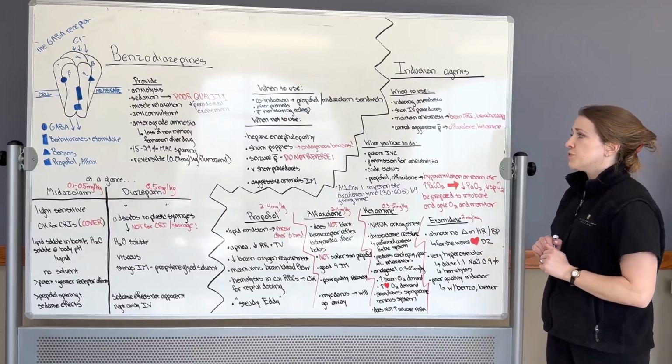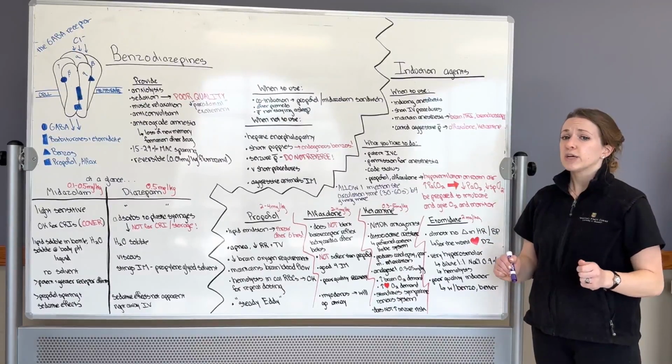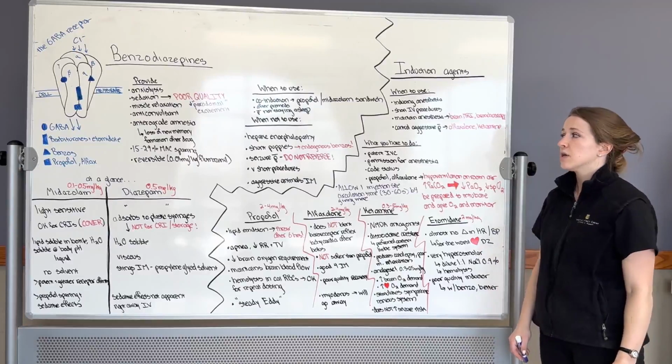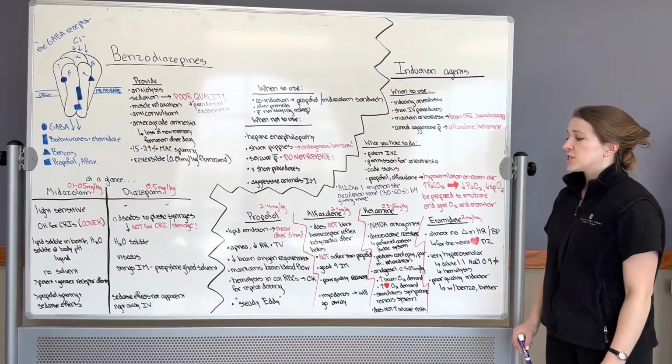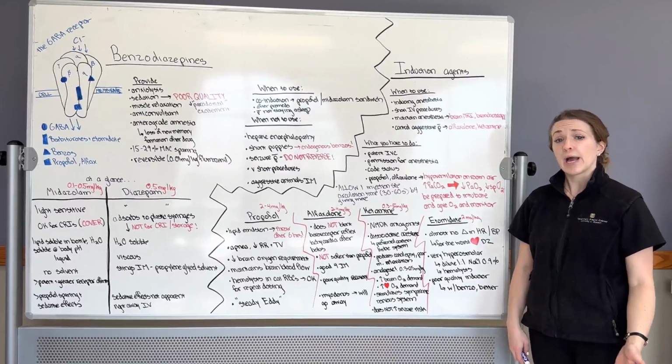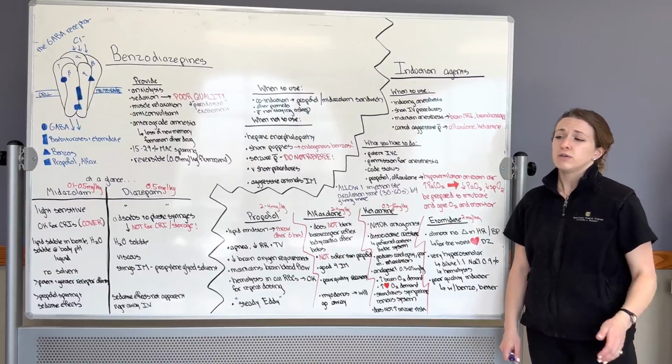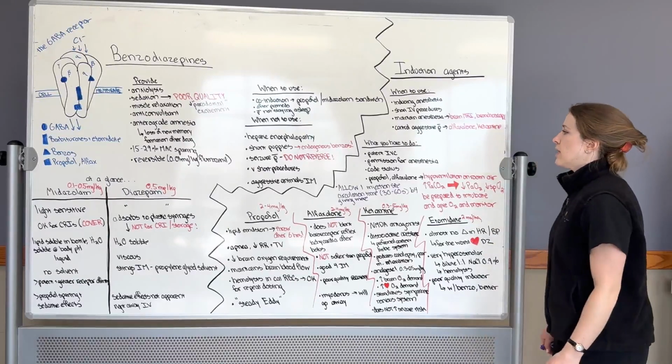Induction agents are also very useful for controlling aggressive dogs and cats. So there are certain induction agents that are acceptable to give IM instead of IV. You could also give them IV.